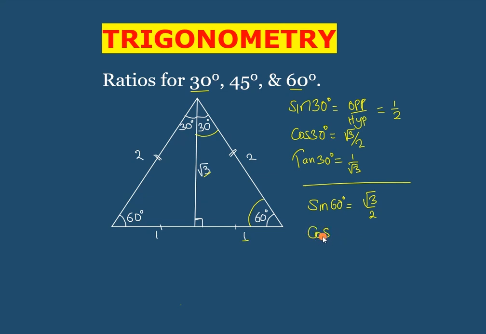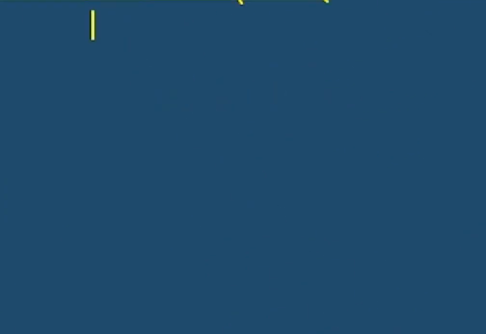The cosine of 60 degrees is equal to adjacent, which is 1, divided by hypotenuse, which is 2. The tangent of 60 degrees is equal to root 3, that is the opposite, divided by 1, the adjacent. So the tangent of 60 is root 3.